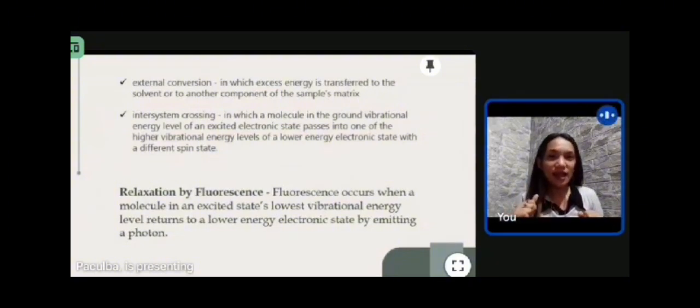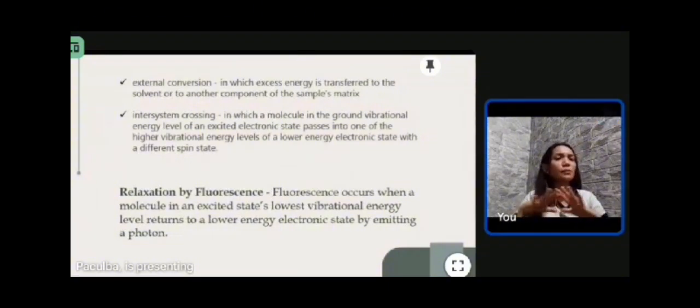Okay, next is the intersystem crossing, in which a molecule in the ground vibrational energy level of an excited electronic state passes into one of the higher vibrational energy levels of a lower energy electronic state with a different spin state.